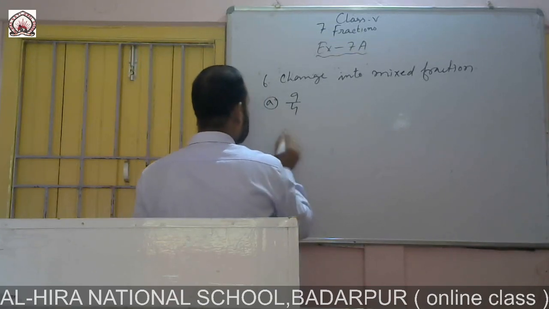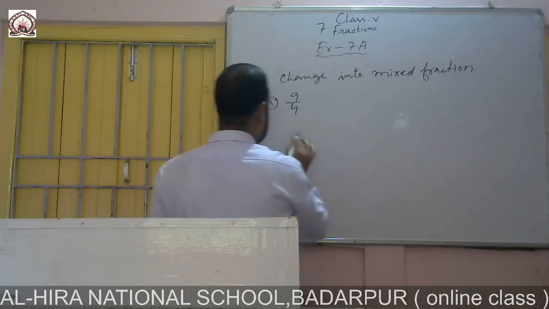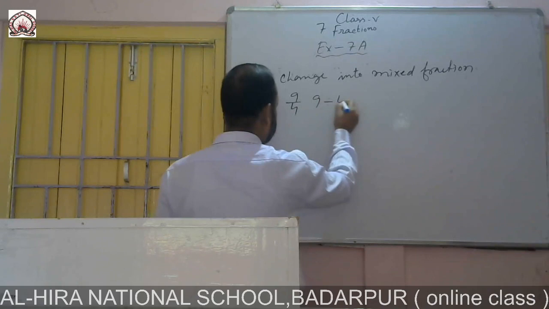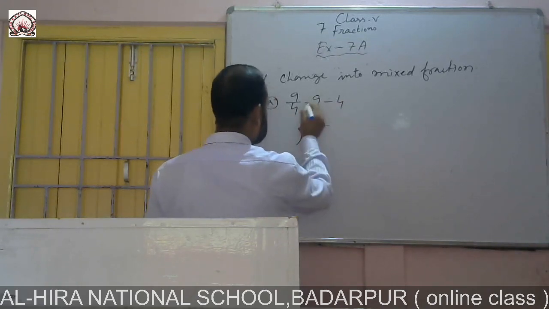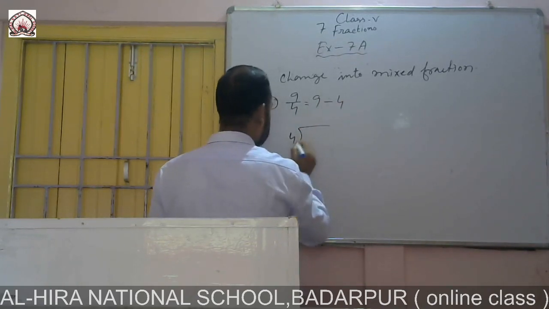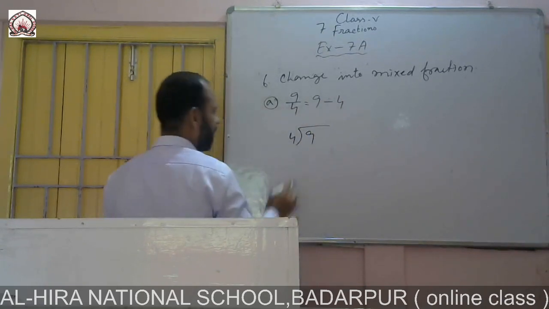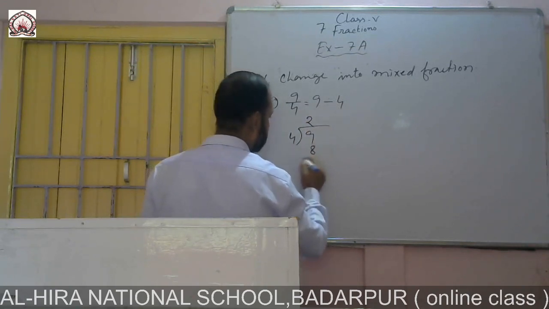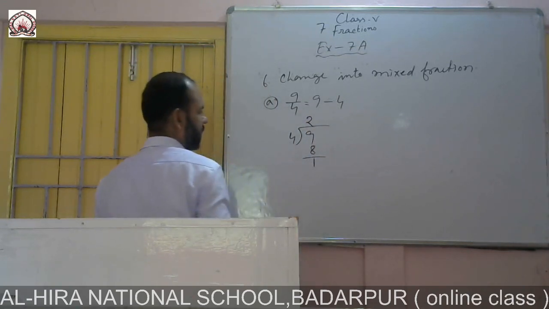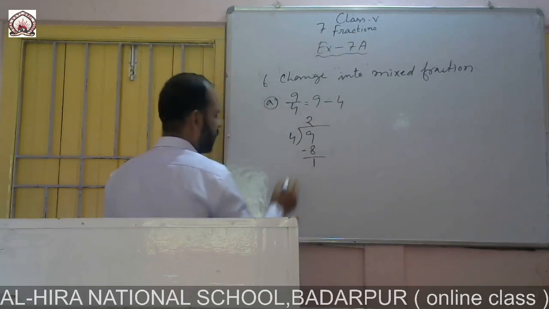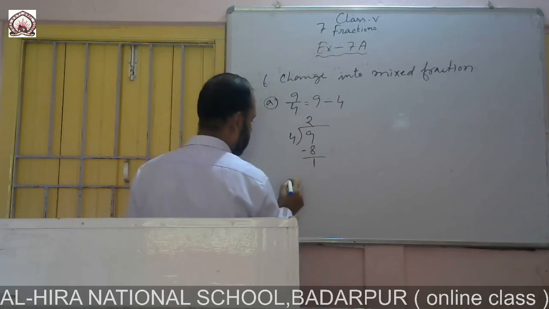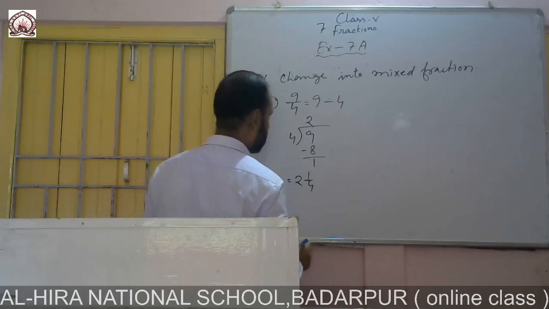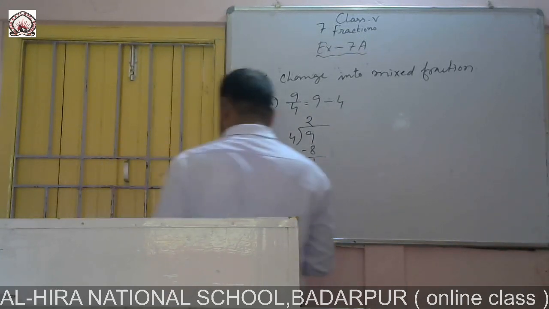So we divide like this. 9 divided by 4. 9, 4 2s are 8. Here remain 1. Remainder is 1. So the mixed fraction is 2 1 by 4.